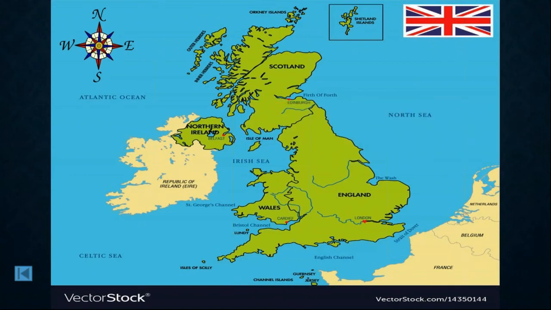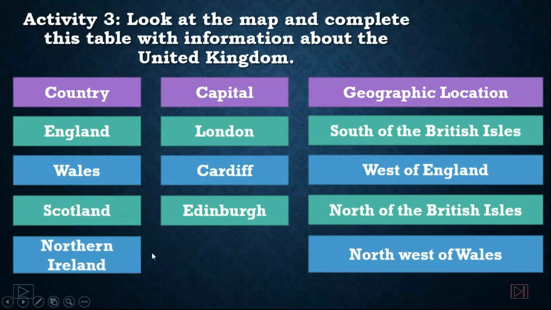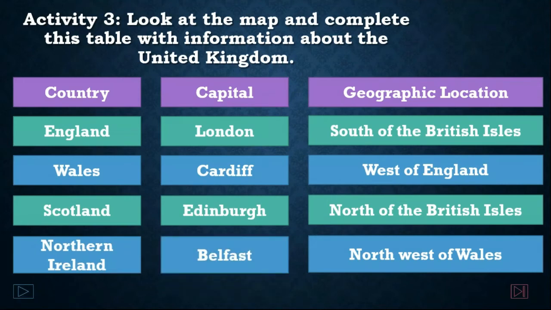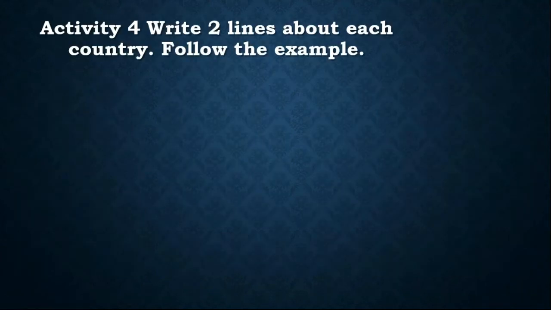Okay? So it's Northern Ireland. All right. What's the capital city of Northern Ireland? Belfast. So it's Belfast. Okay? So we have Northern Ireland. The capital city is Belfast, and it's in the northwest of Wales, right?